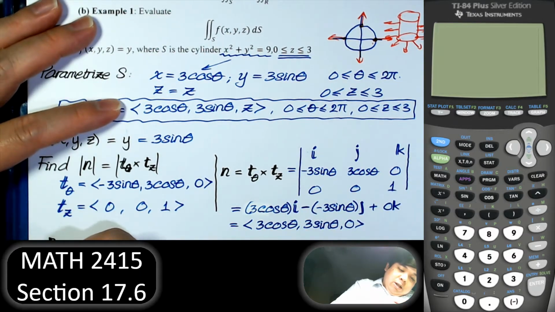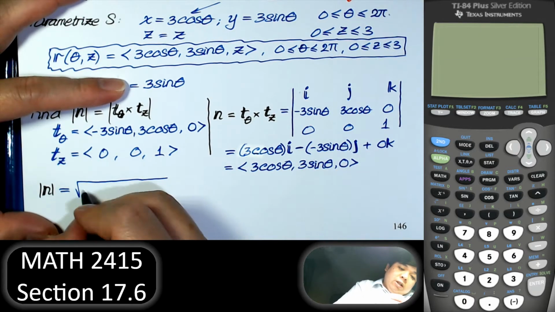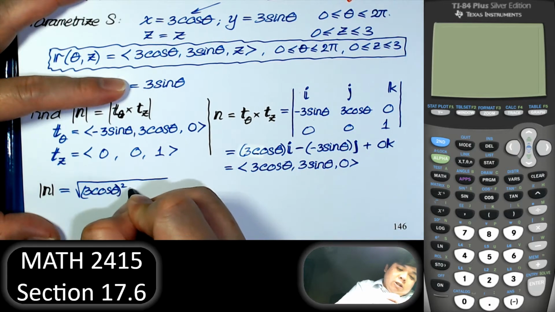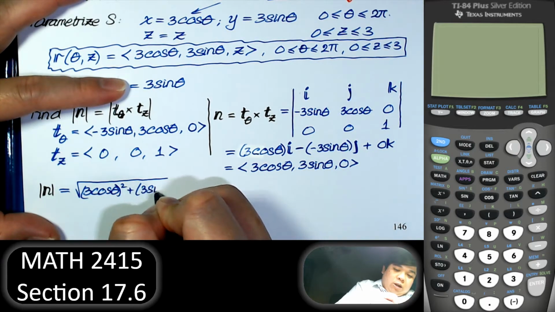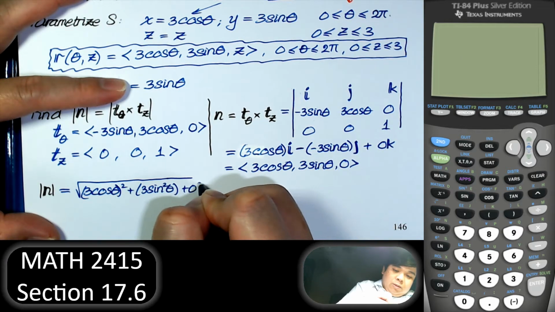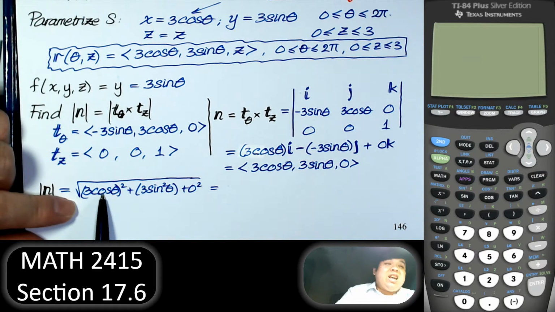So the magnitude of the normal vector is the magnitude of this, equal to the square root of 3 cosine squared plus 3 sine squared, and that gives us pretty much x squared plus y squared.